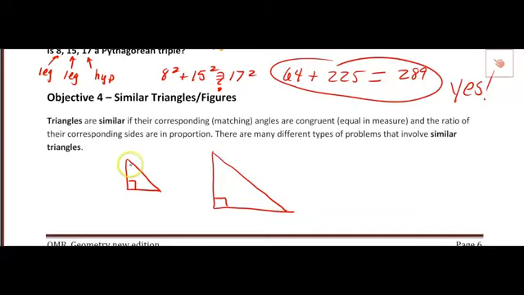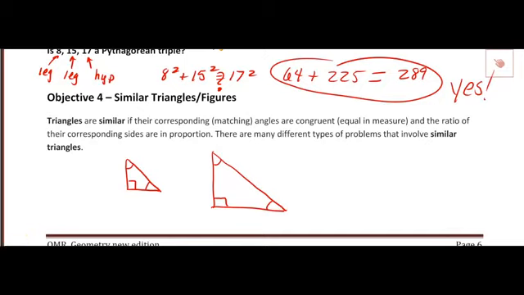Their angles are congruent, and that means these angles here, the corresponding angles, are the same measure. Let me fix that. Along with the 90 degrees. And so that's what it means by congruent. The angles have the same measure, and the ratio of their corresponding sides are in proportion.